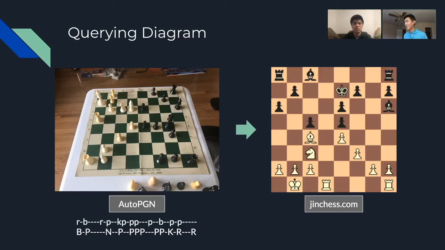It took me a while to figure that out, but from this, we can query a website called jinchess.com, and it will generate a graphical representation of the board from this string, as you can see on the right of this slide.